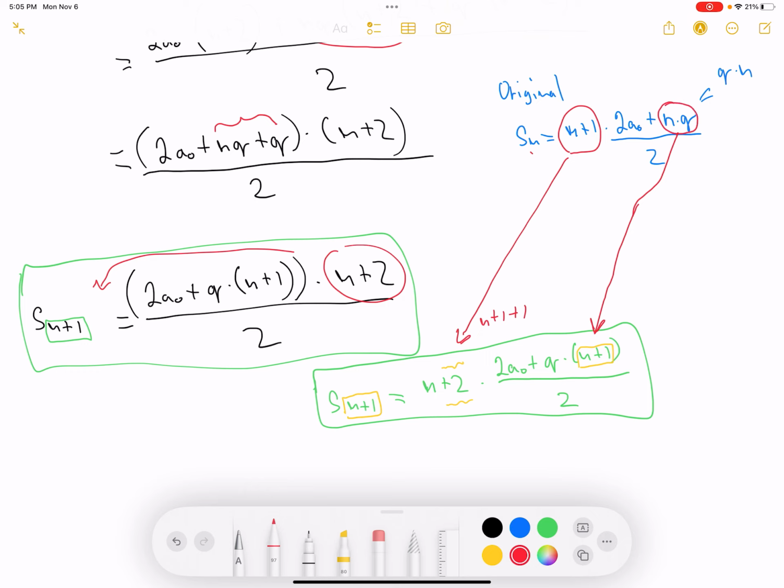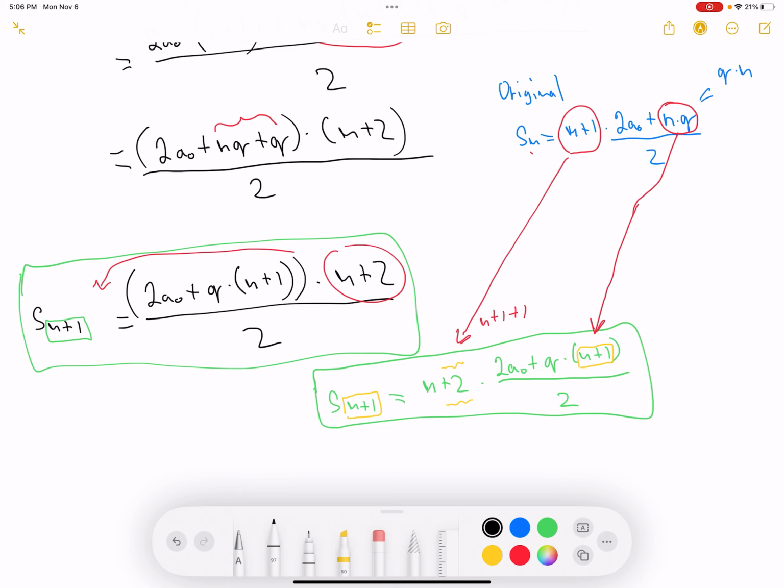And this correlation, that we were able to simplify the formula for n plus 1 in a way that it translates correctly to n plus 1, is the proof that we need, and that's the core of mathematical induction.